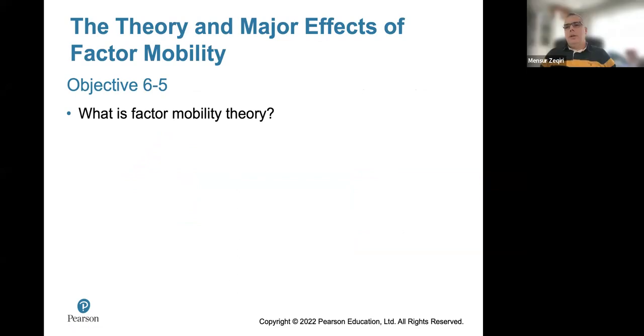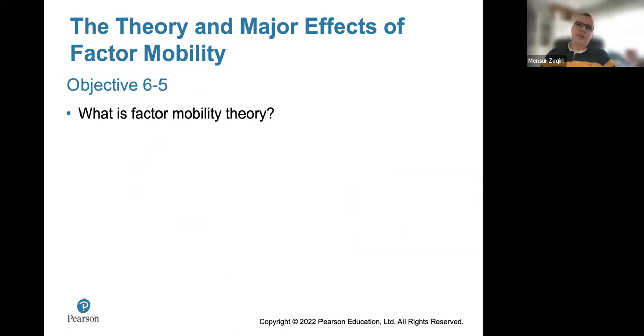Another important theory that we have here is the factor mobility theory that we said we were going to discuss from the beginning. When we talk about the factor mobility theory, it mainly focuses on why production factors move.